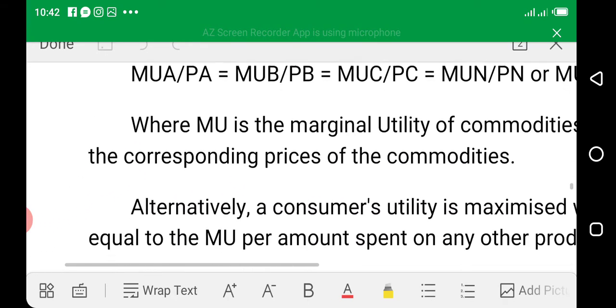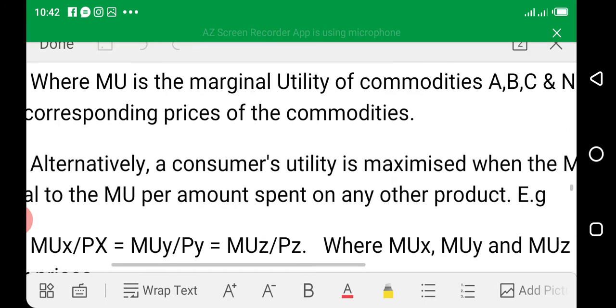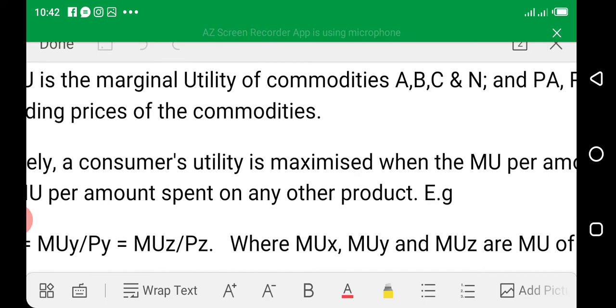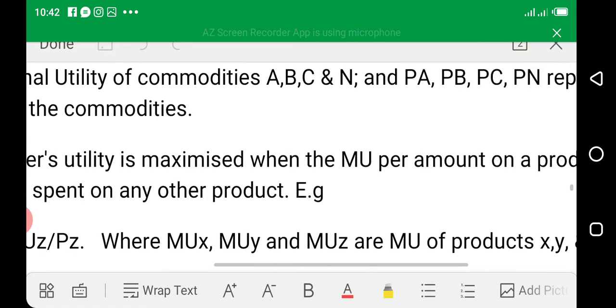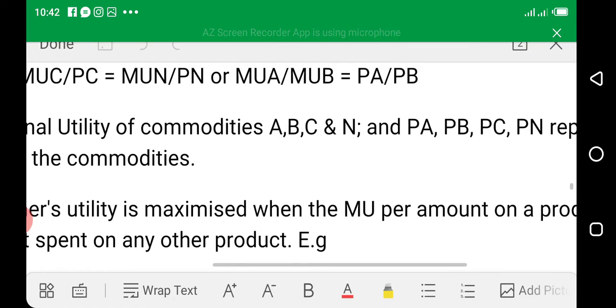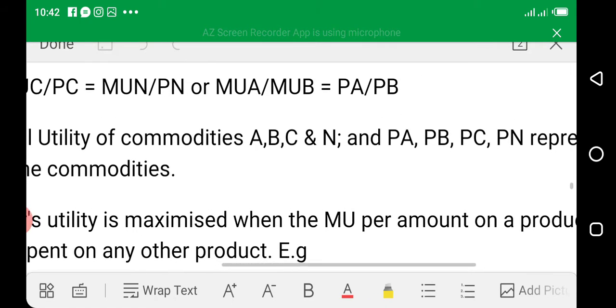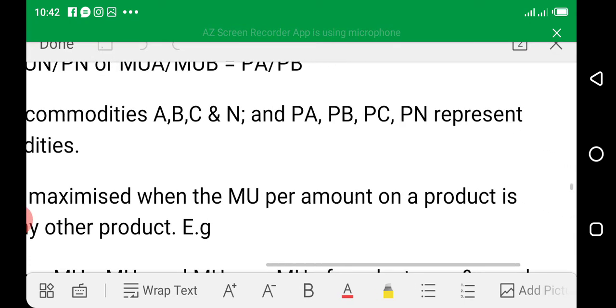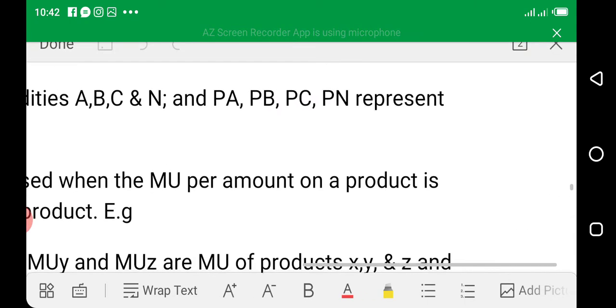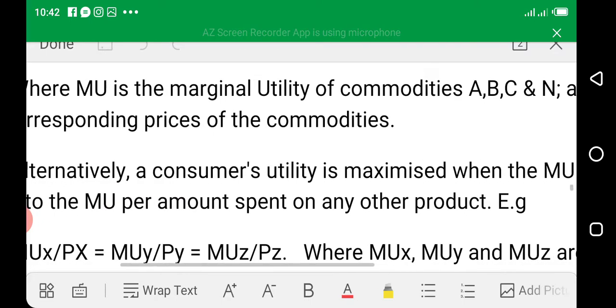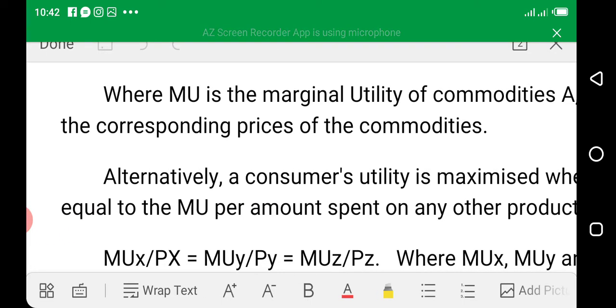In the analysis, MU is the marginal utility of commodities A, B, C, and N, meaning that we have numerous commodities here, and PA, PB, PC, PN represent the corresponding prices of the commodities.